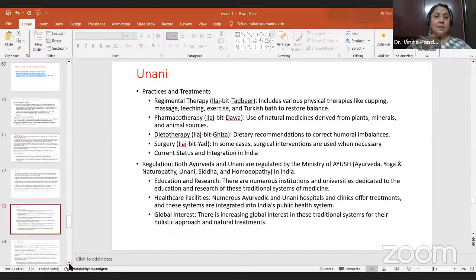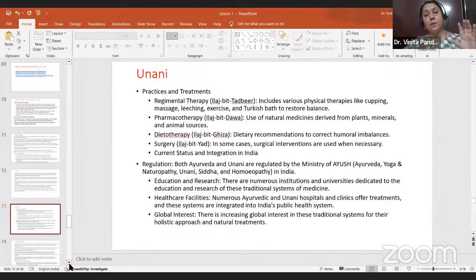Then practices and treatments include regimental therapy like cupping, massage, leeching, exercise, and Turkish bath. When you talk about Kerala Ayurvedic medication, a lot of emphasis is there on massage with different kinds of oils, pharmacotherapy using natural medicines derived from plants, minerals, and animal sources, dietotherapy to regulate the hormonal imbalance, what kind of diet has to be taken, and surgery.